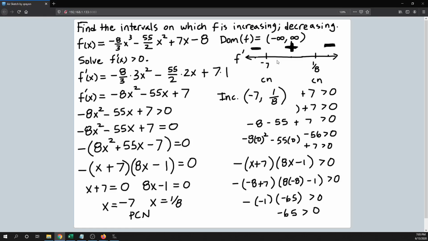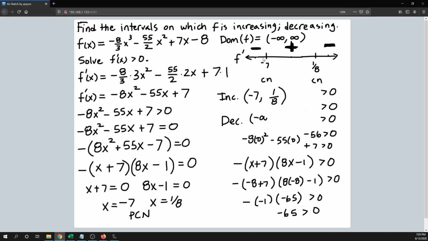And then it's going to be decreasing where there is a negative sign. All right, and so it's going to be decreasing on this piece over here to the left of negative 7.